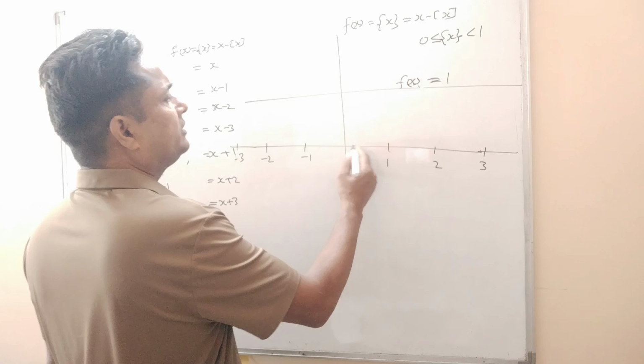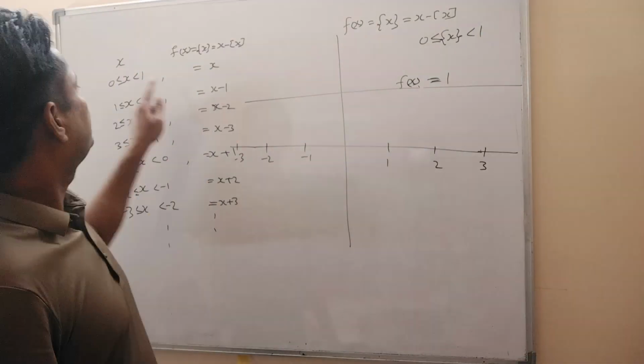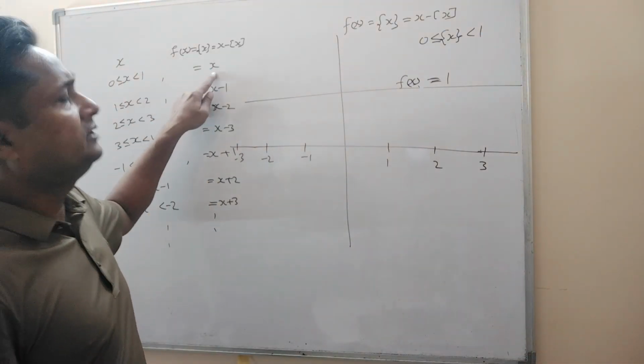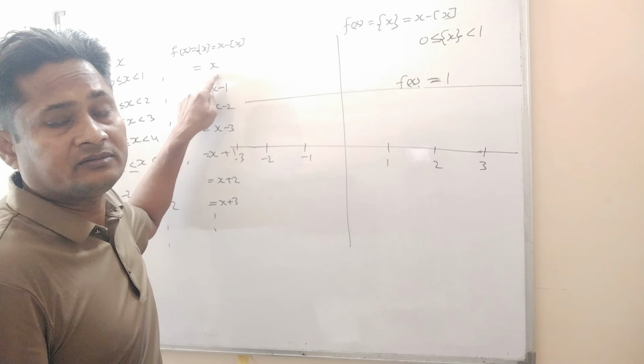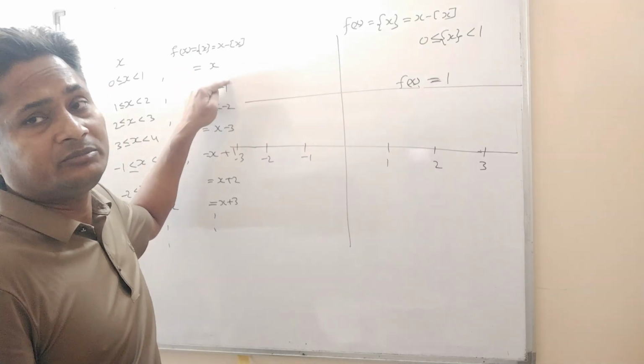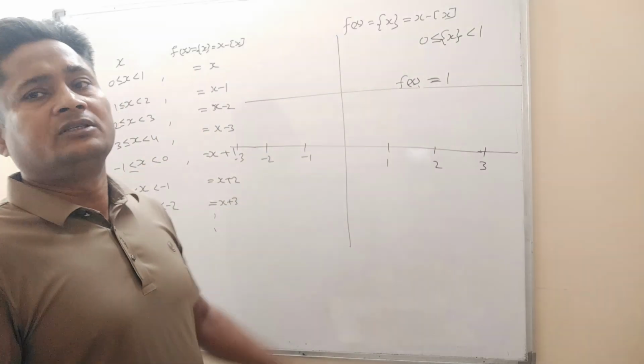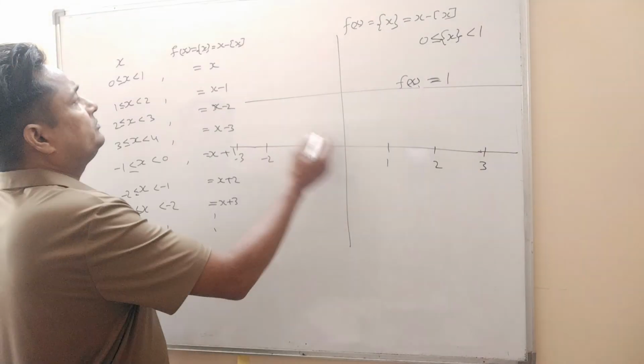Now in 0 to 1, the graph of the function will be y equal to x. That means a straight line passing through 0.